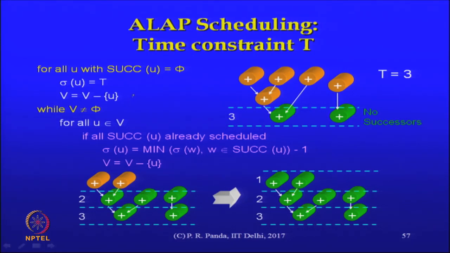Removing those set of nodes from consideration, I run through the same logic, but for all of those remaining nodes, what we are checking is if all their successors are already scheduled, then that is the logic. Does that make sense? You take the minimum of the clock cycles into which we have scheduled all its successors and subtract 1 from it. You see, this is the reverse logic, right, and you remove that node from consideration and continue in the loop.